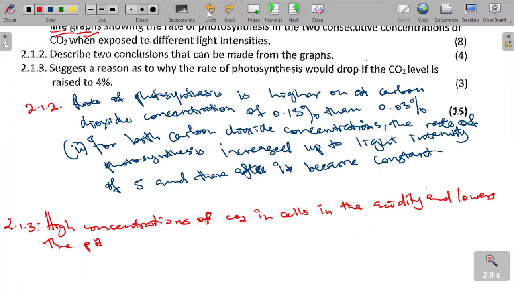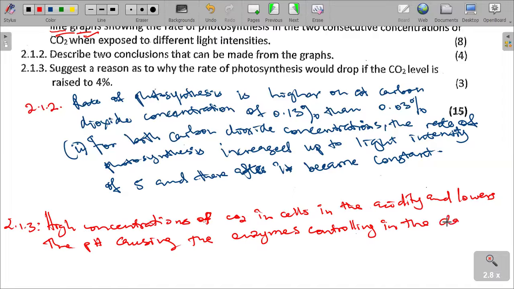It causes the enzymes controlling the dark phase to be destroyed or killed.